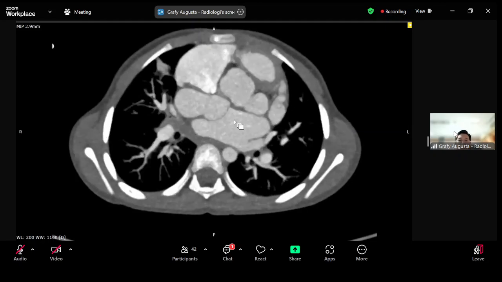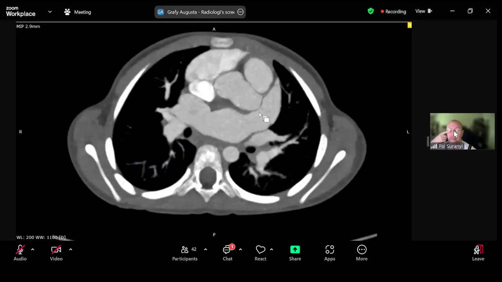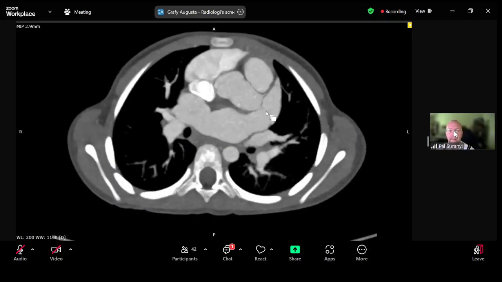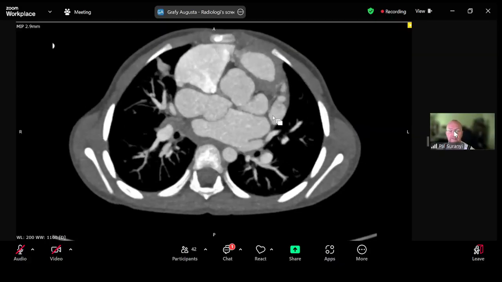Thank you, Prof. Is there any comment? Thank you very much, and thank you for moving so slowly. At least on my end, it was very easy to follow. The only thing I would ask is if you could show where the native left circumflex continues on, which is in that left AV groove, somewhere there next to the vein.